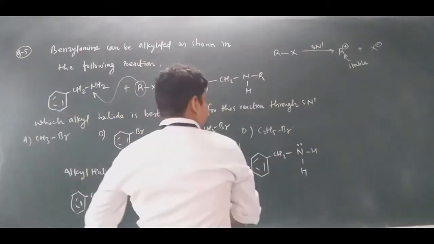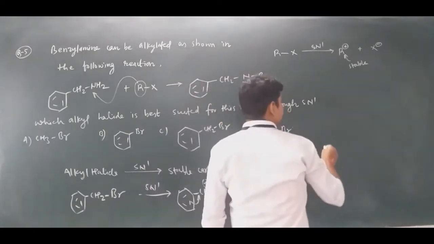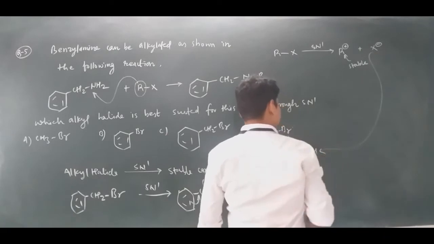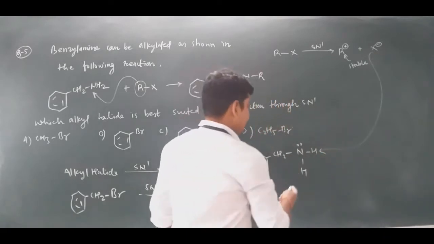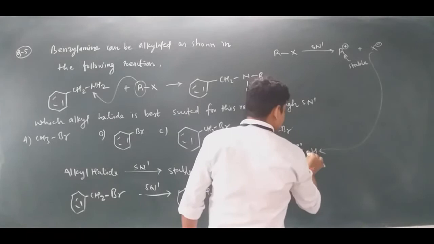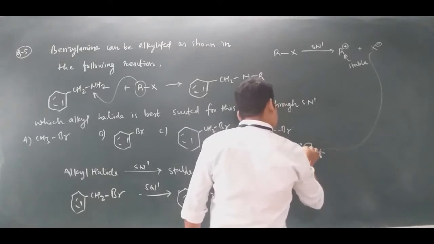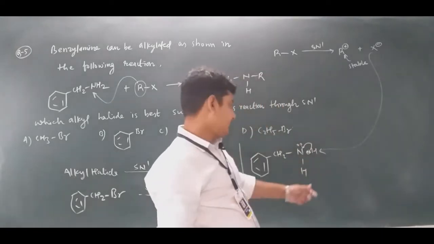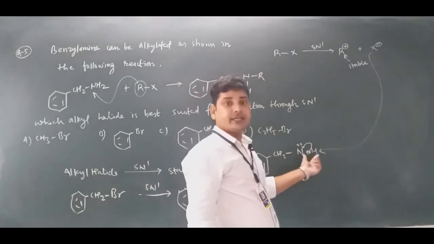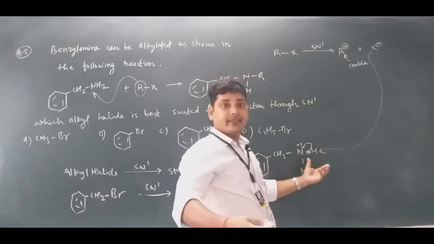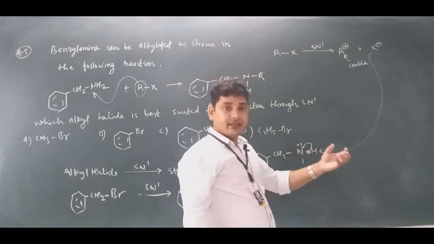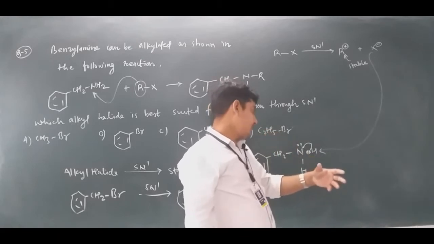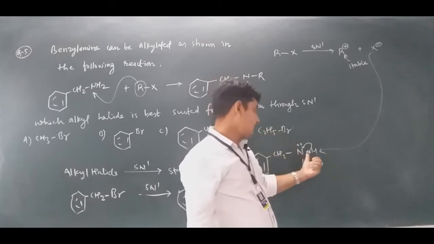So what is happening here is that this X minus is coming to this H, and this H gives the electron to nitrogen because the electronegativity of nitrogen is greater than that of H. Therefore, it will pull the electron towards itself.